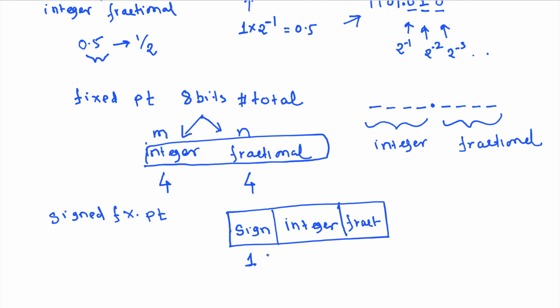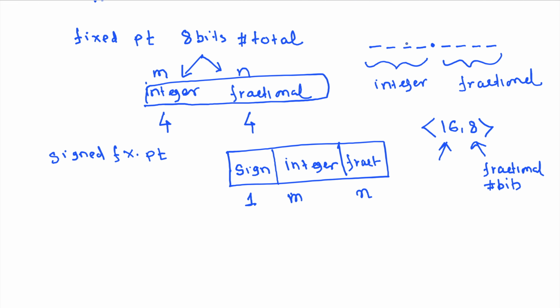So it could be m number of bits for integer and n number of bits for fractional. The way we represent a fixed point format is we write the total number of bits and the total number of fractional bits. If I say this is 16 comma 8, in this case 16 is the total number of bits, that is 1 plus m plus n, and 8 is the fractional number of bits.